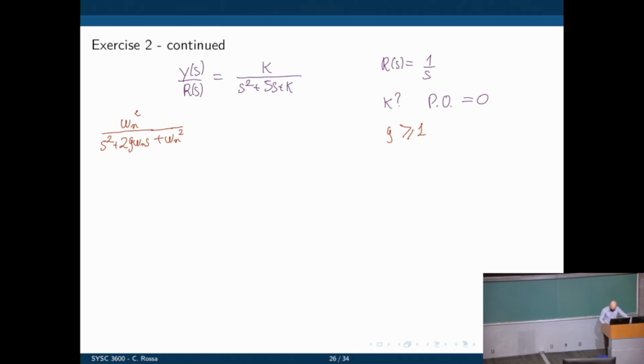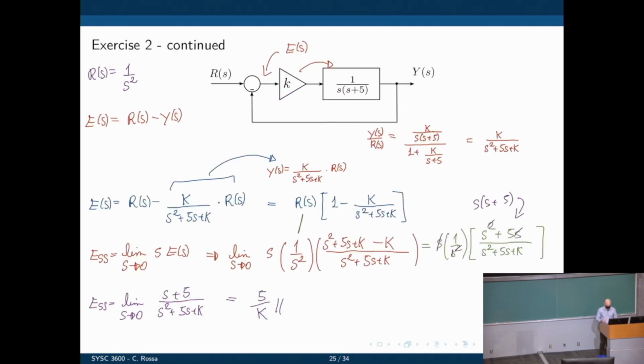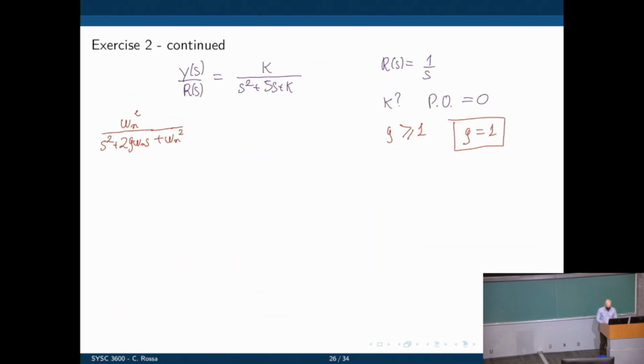So for simplicity, let's say the overshoot will be 0 when zeta equals 1 or greater, because we'll see later that the greater the value of k, the smaller the steady state error. So we want to take that into account when selecting zeta as well: no overshoot, but still good steady state error.